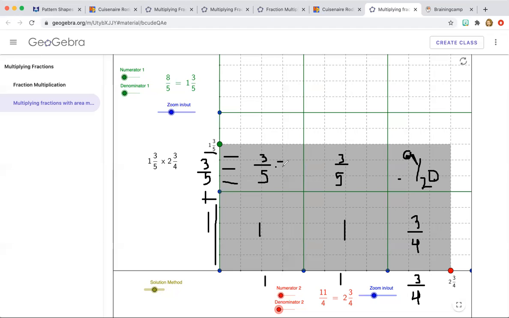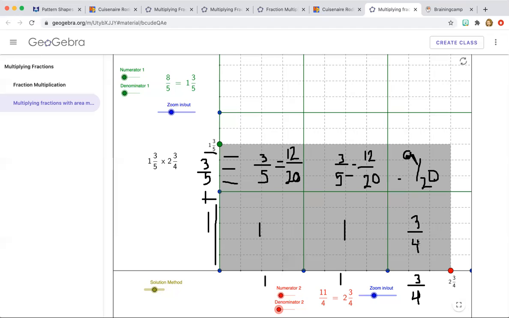Maybe you see it as 12/20. And likewise here, 12/20. And here, right, what we've been talking about is why is it so important to understand these equivalent fractions, right? 3 times 4 is 12, 5 times 4 is 20. We see that equivalence in this space right here.